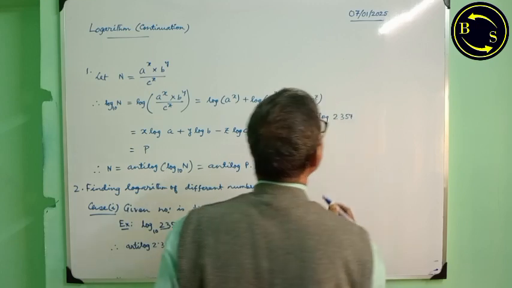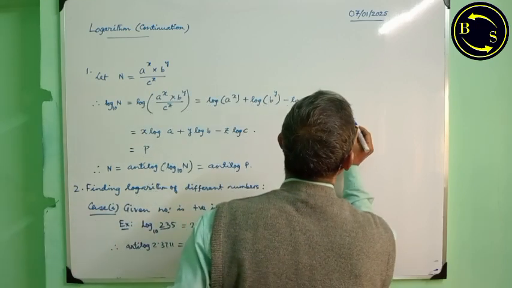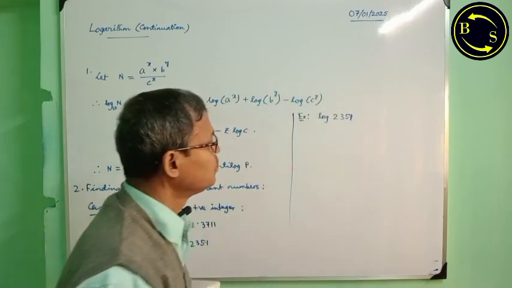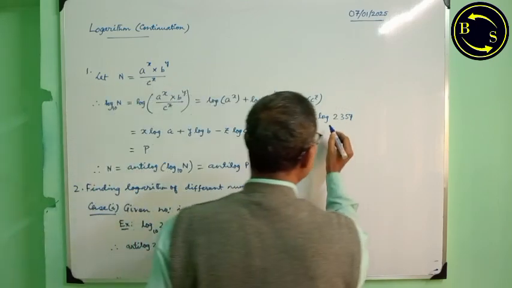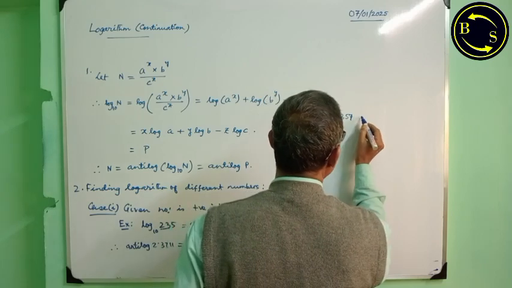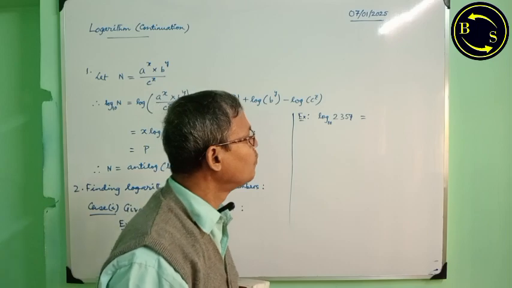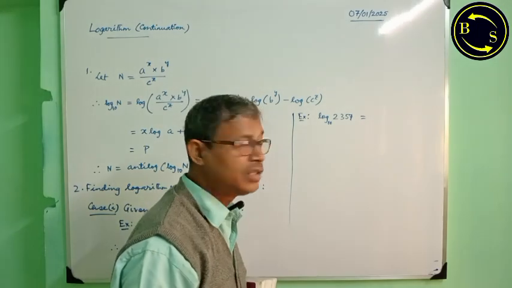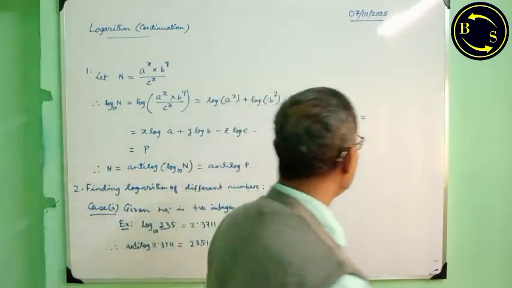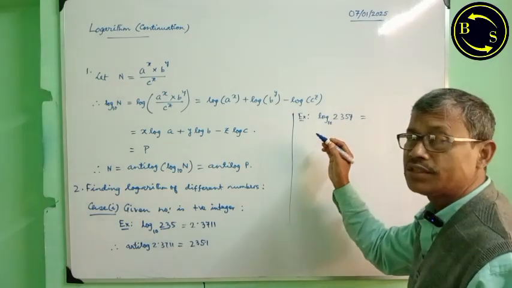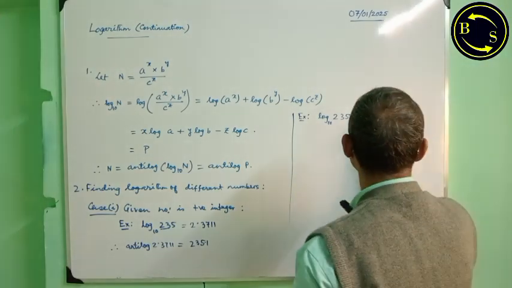I increased one digit. For getting the logarithm, first we see there are 4 digits. This is a positive integer. Now 4 digits are there, therefore the characteristic will be 3.